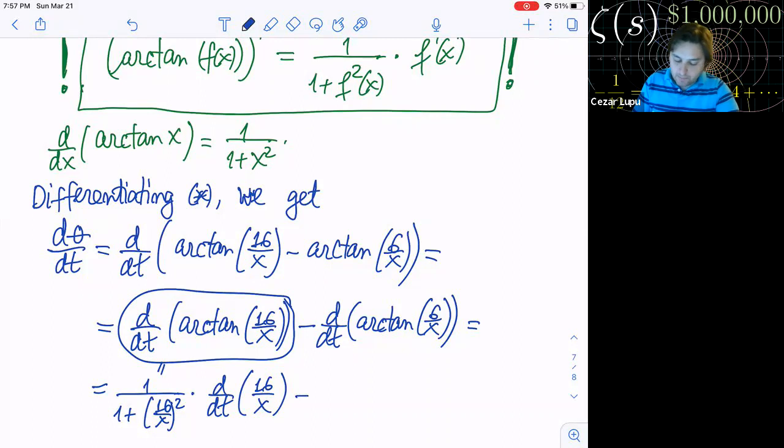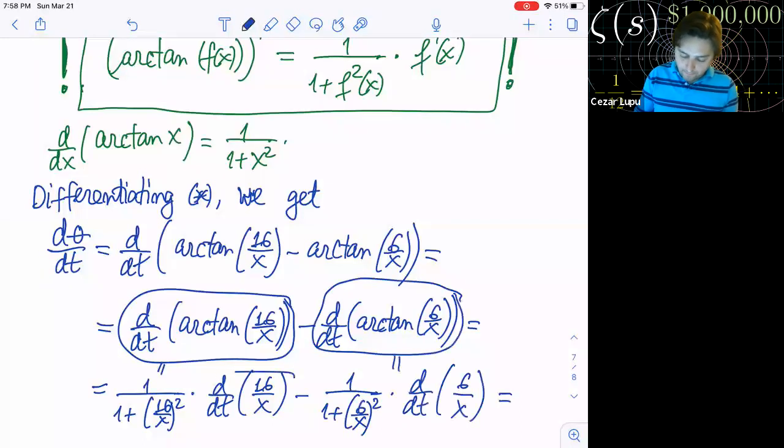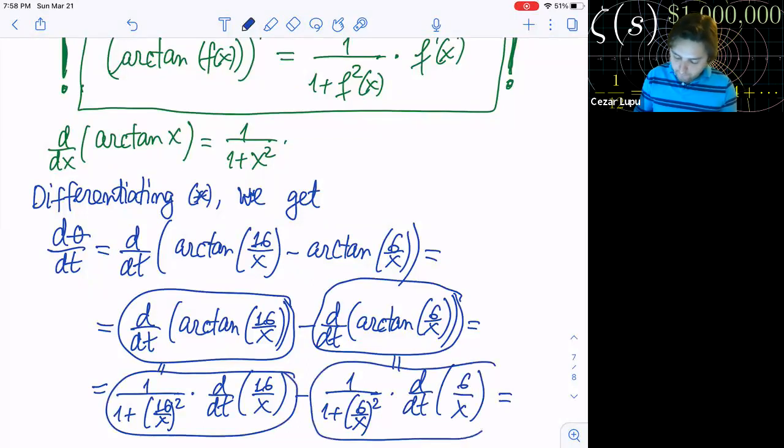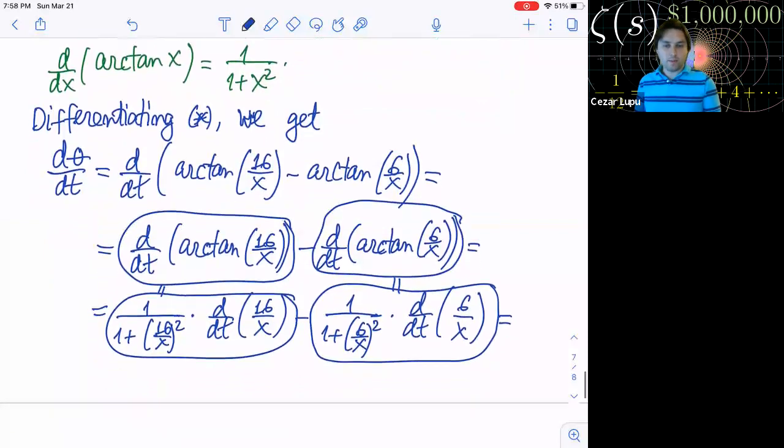Minus the same thing here: 1 over 1 plus 6 over x squared times d over dt of 6 over x. All right, so this one corresponds to this one, and this one to this one. Great.